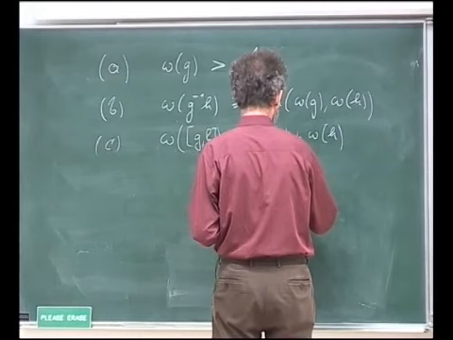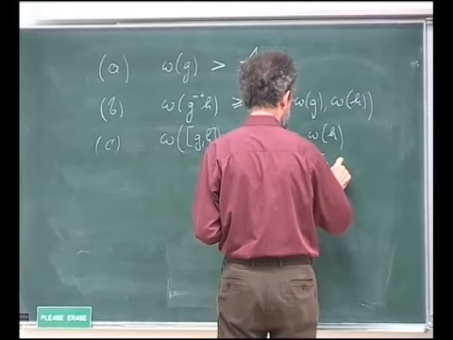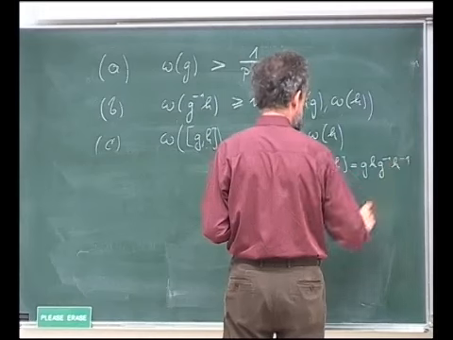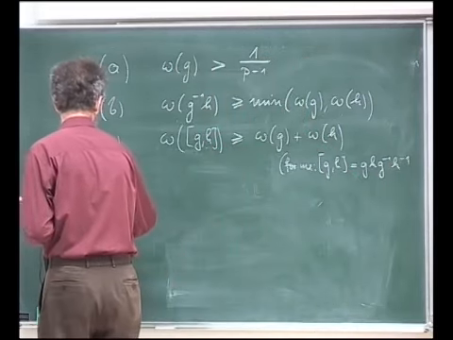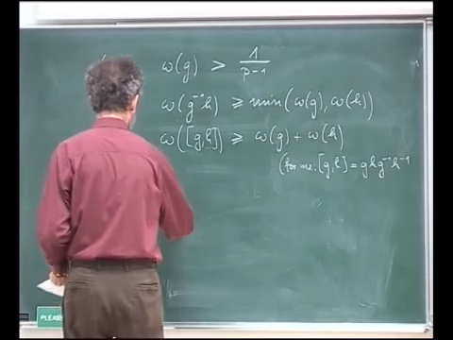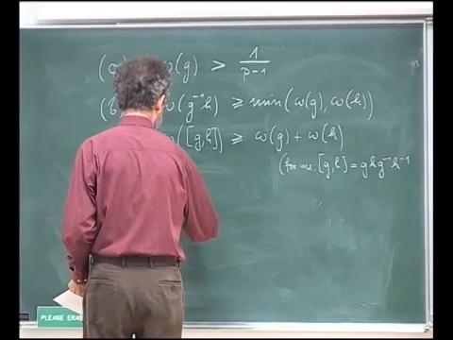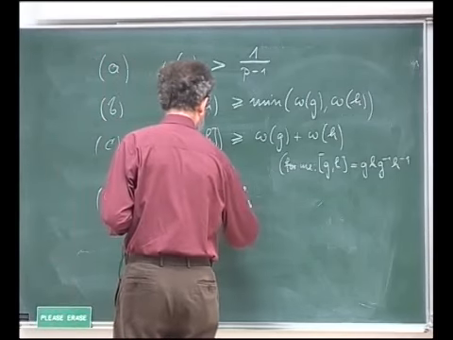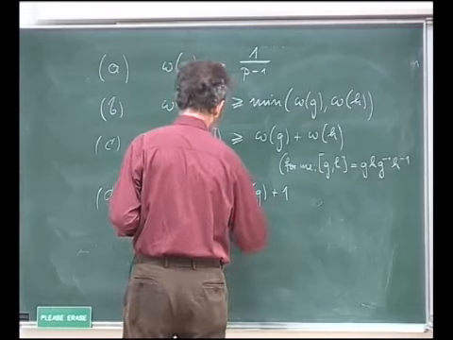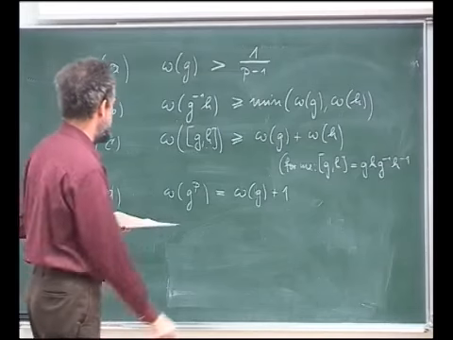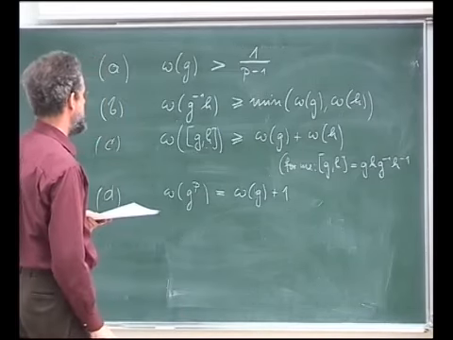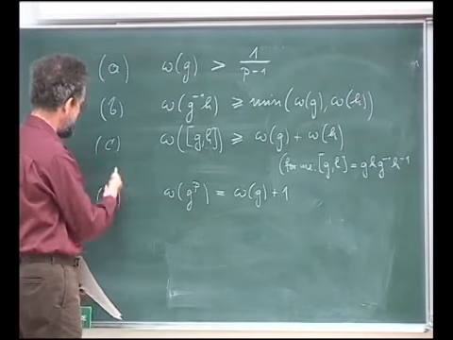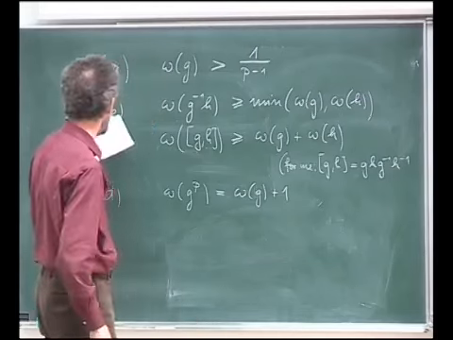Here you have to be precise, because Lazard does it differently in this paper; in other papers of his he does it the same way. So to avoid confusion, for me the commutator of g, h is g h g inverse h inverse. And finally, omega of g to the p is omega g plus 1. So raising an element to the p-th power adds 1 to the p-valuation.